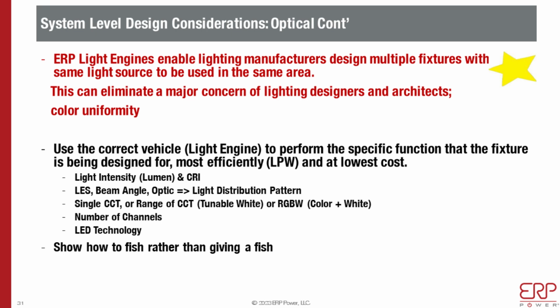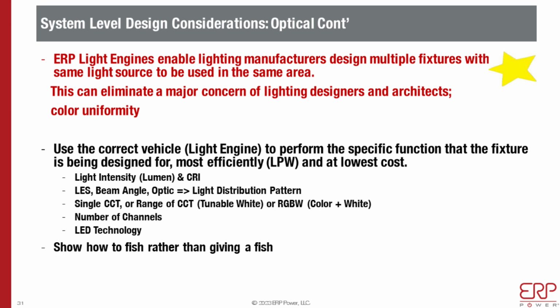Another thing that our modules do is address a major concern of the architects. Essentially, architects don't want to have different colors or different shades of white in the same area. You can imagine how unpleasing that is. I'm not even talking about different CCTs or different CRIs. The same CRI and the same CCT from different manufacturers are going to have different shades of the color.